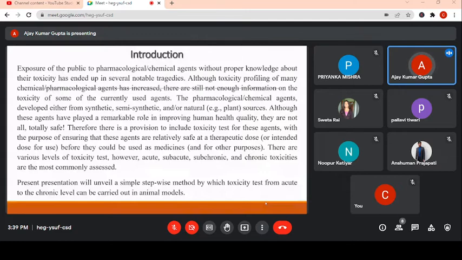Let's start with the acute toxicity test. This test is divided into stages, and one proceeds to the next level stepwise.